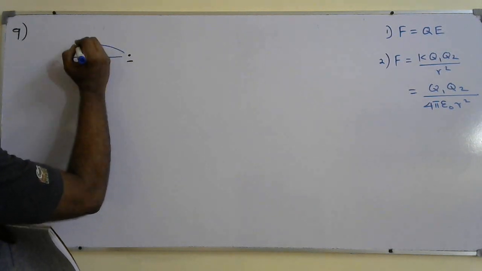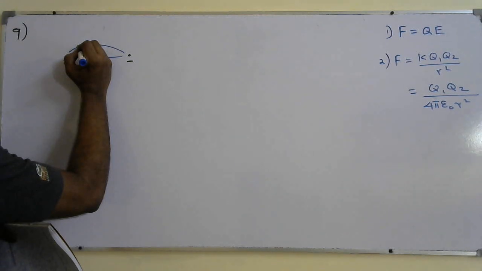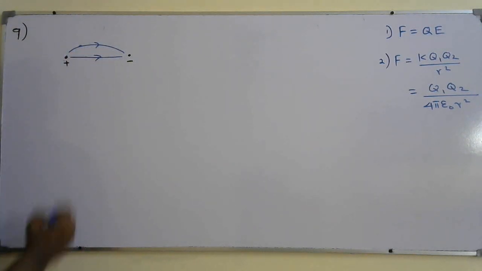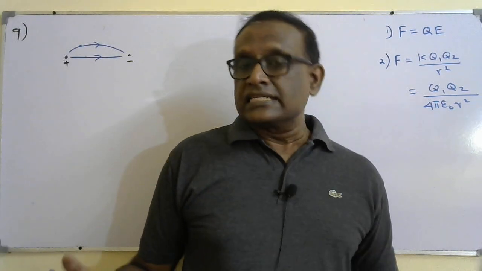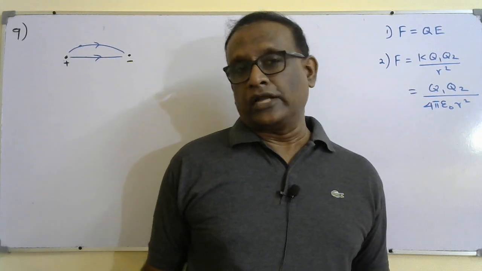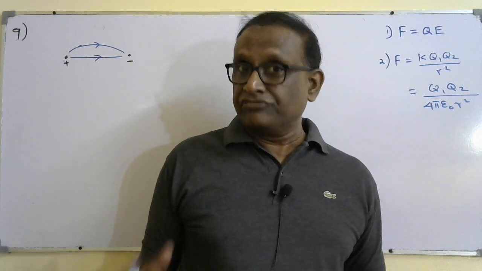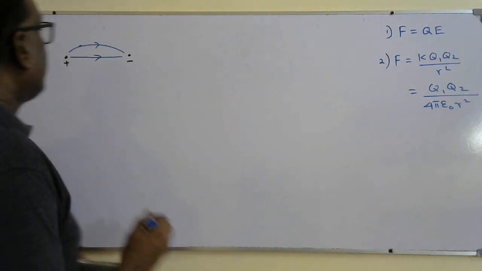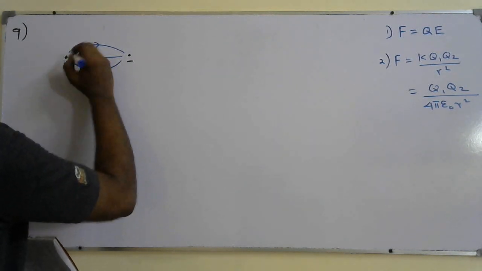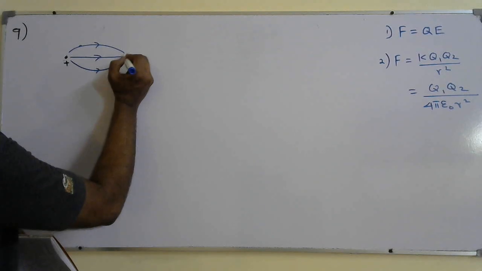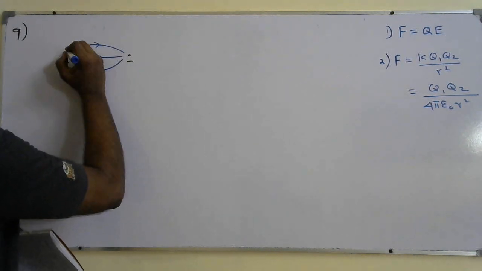So if you want to find the direction of the electric field strength at this point, you should draw a tangent at that point. The tangent indicates the direction of the resultant force acting on that point, or the direction of the electric field at that point. Same way here it should be like this. You can see the field lines are closer near the point charges.